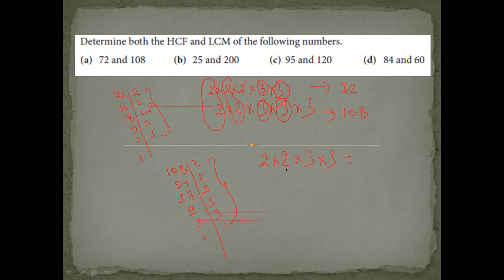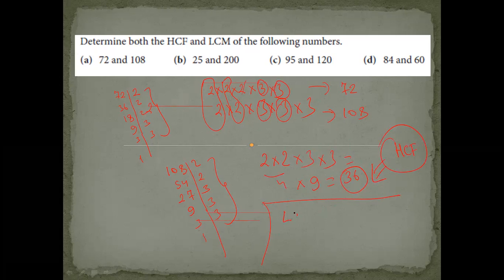That's why the answer is 2 times 2 is 4, 3 times 3 is 9, the answer is 36. That is the HCF, okay, don't forget. And every time HCF is less than LCM, it's the HCF of prime factors.